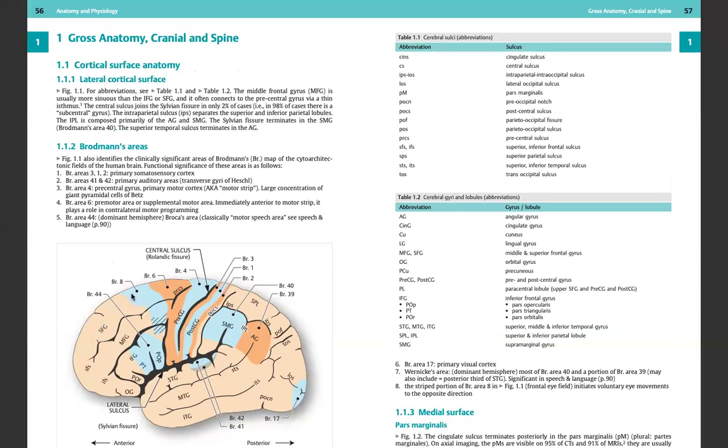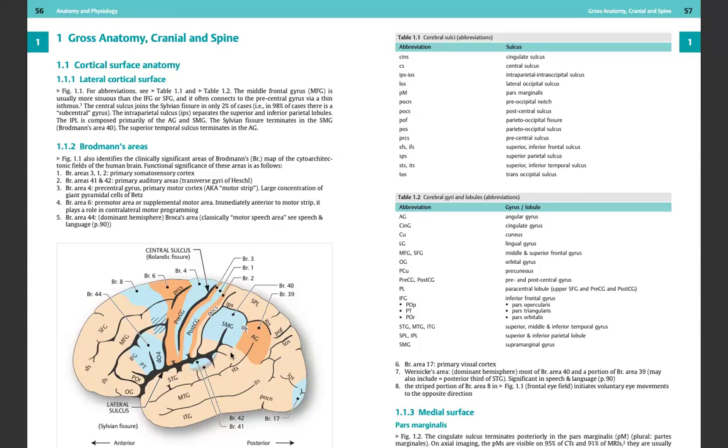So anyway, on the lateral surface of the cortex, you have the frontal lobe, the frontal cortex, which is limited by the central sulcus. Posterior to it, you have the parietal lobe, which extends as far as posterior to the upper limb of the sylvian fissure, limited posteriorly by the angular gyrus.